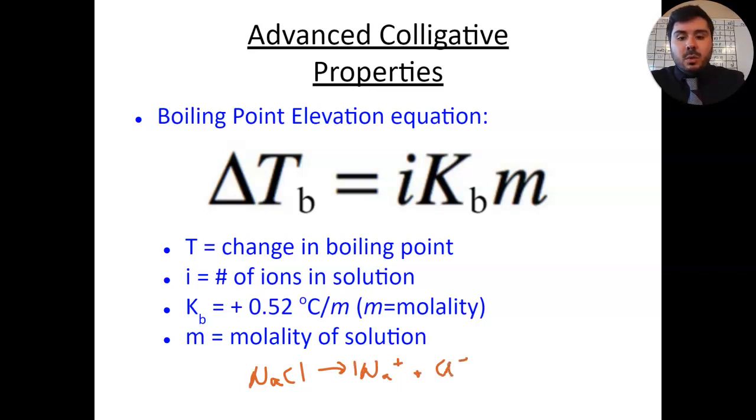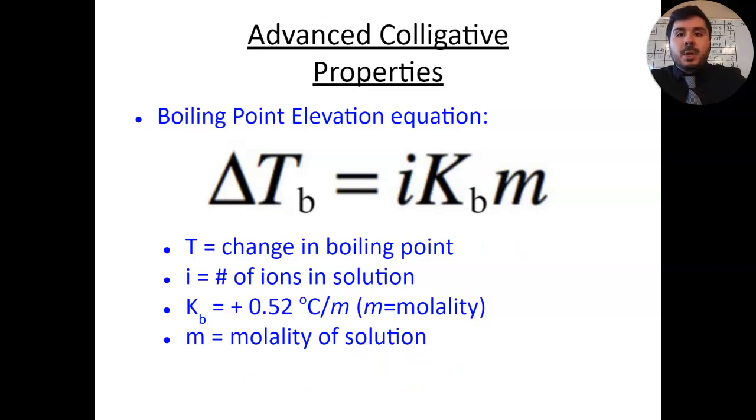Well, you have an invisible coefficient of 1 and an invisible coefficient of 1 in front of these, so that means your i is going to equal 2 in this particular case, because you've got 1 ion right here and a second ion right here.